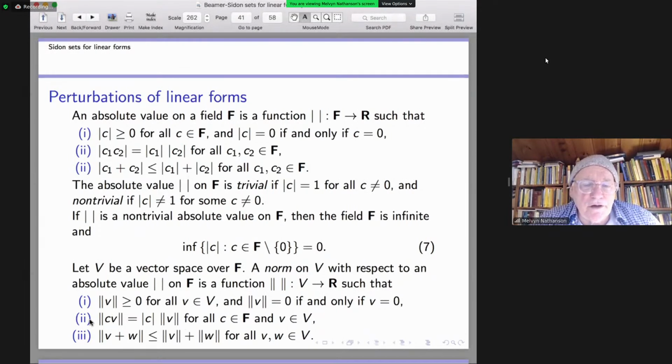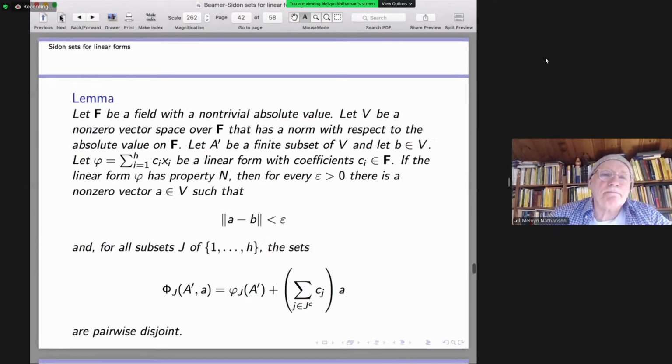It is homogeneous with respect to the field: the norm of a scalar times a vector is the absolute value of the scalar times the norm of the vector, and the triangle inequality is satisfied. So there's the following lemma. You have a field with a non-trivial absolute value, a normed vector space over the field.